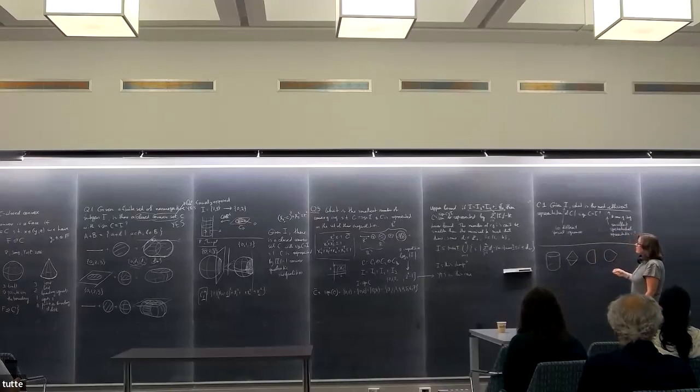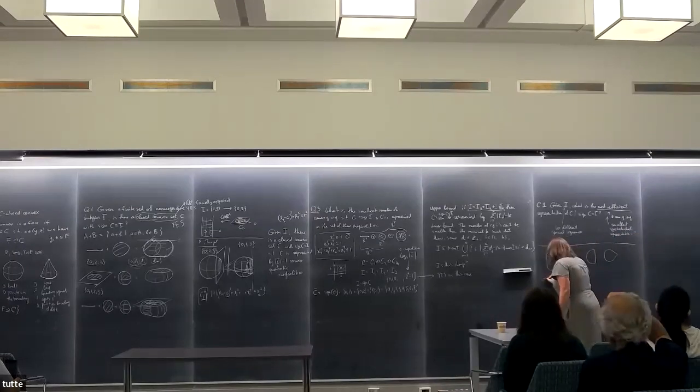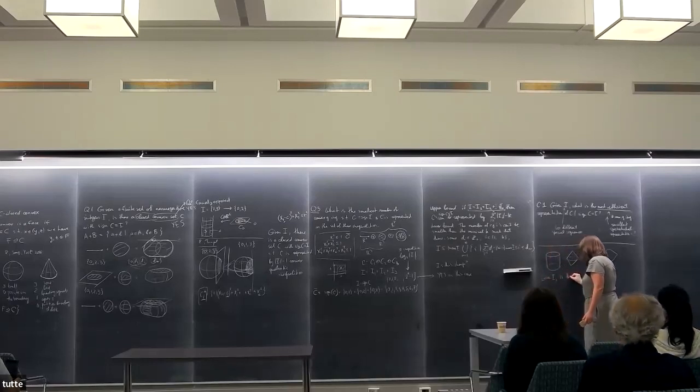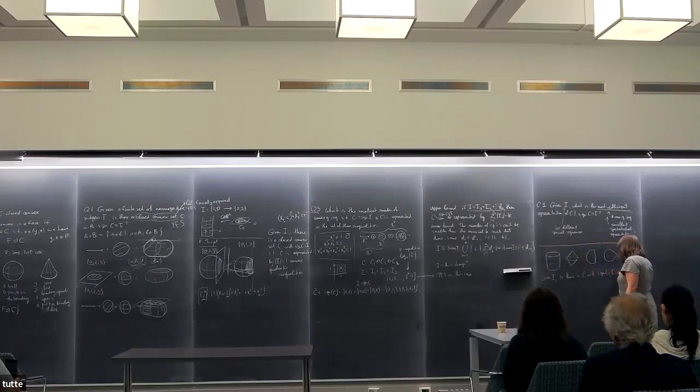So another question is, if I have a facial dimension sequence, is there always a convex set with the signature, such that both C and its polar are exposed?